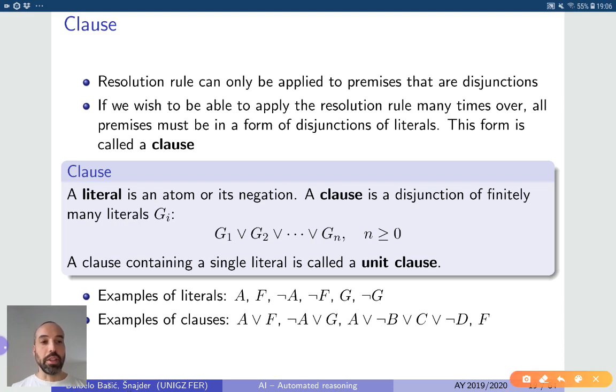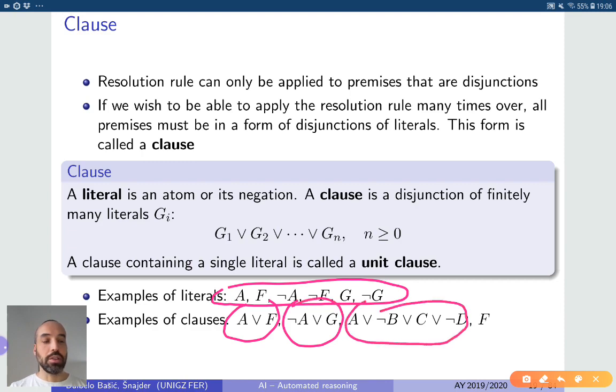Here are examples of literals. All these things here are literals, atoms, and their negations. And here are examples of clauses. A or F is a clause, not A or G is a clause. And here we have one long clause. Notice here that I am dropping the parentheses. So technically and formally, this isn't a well-formed formula, since I would need to have parentheses around the or terms.